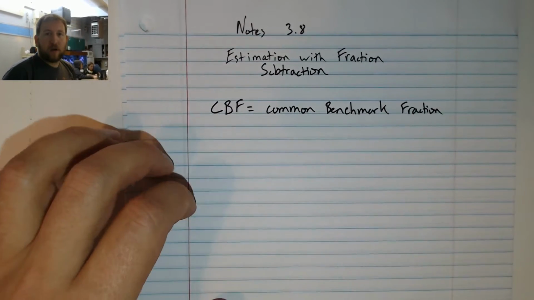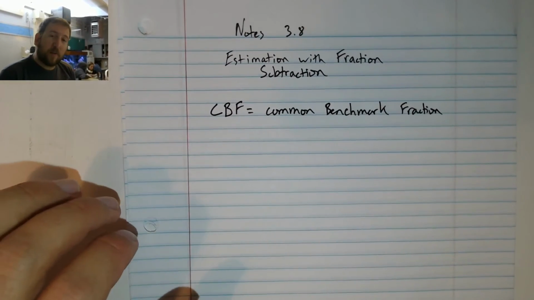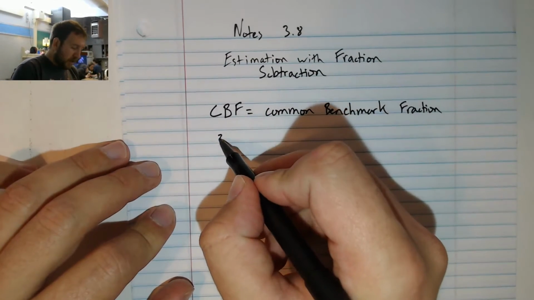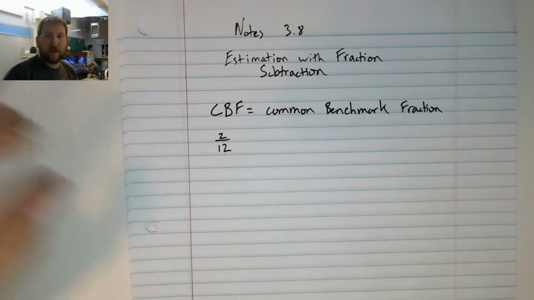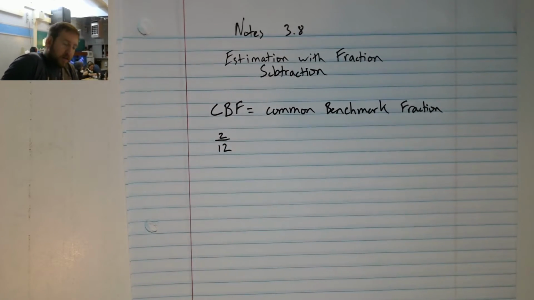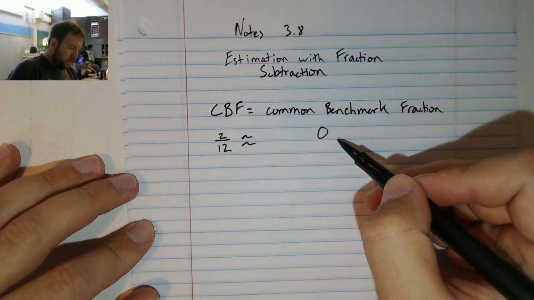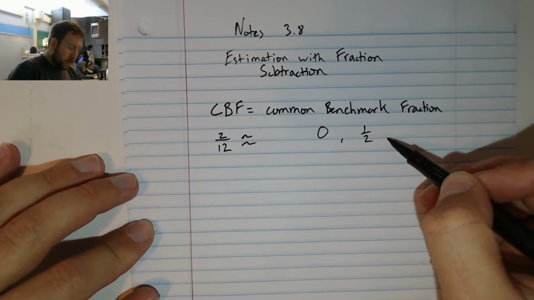And if you recall, the best way to do this, and I noticed a couple people doing this incorrectly, is if I have a fraction, like say I have 2/12, I need to figure out if this 2/12 is closest to 0, 1/2, or 1.